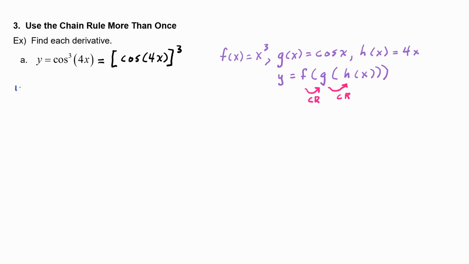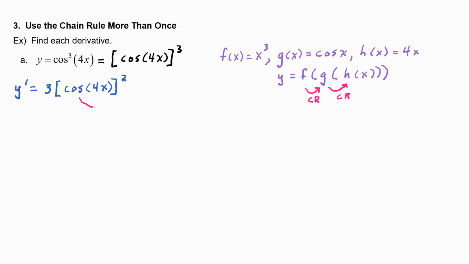Y prime is going to equal, remember we said the outermost layer was that we have some stuff cubed. So then we have to take 3 times the stuff, which is cosine of 4x squared, because the derivative of stuff cubed is 3 stuff squared.